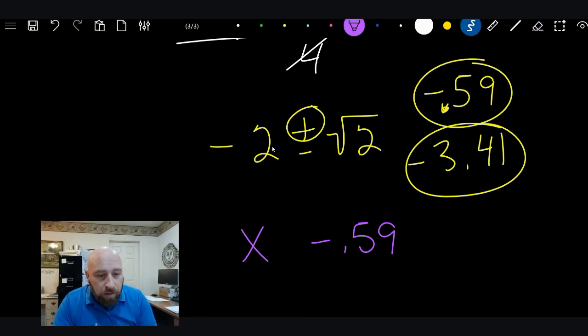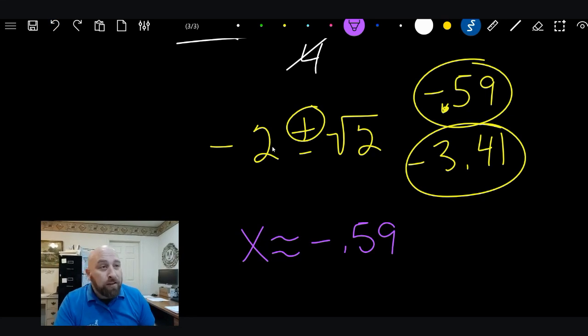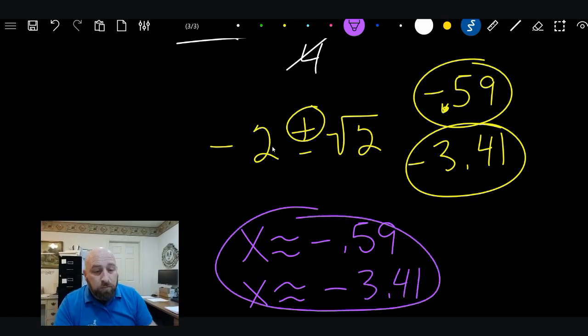So what we would do is make our equal sign look like bacon. That's exactly what that looks like to me, and I love bacon, so I know what bacon looks like. Make it look like those little squiggly lines, and then boom, you got it. And then you would also have 2 answers, so you'd have some more bacon down here, negative 3.41. Those would be your 2 answers in decimal form.